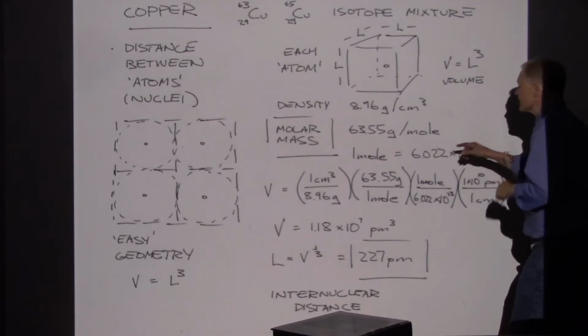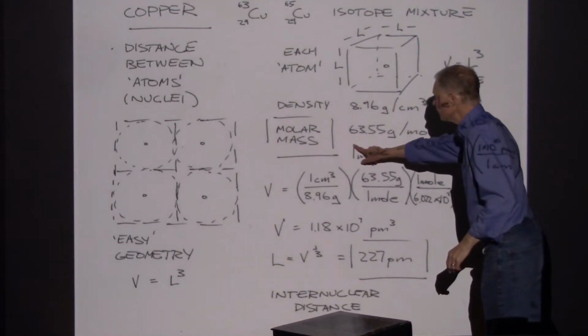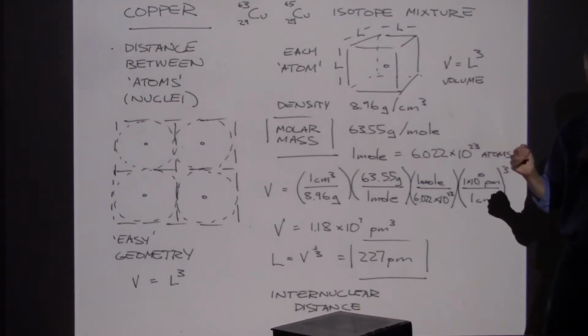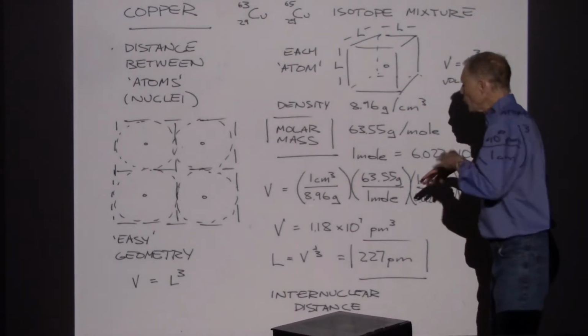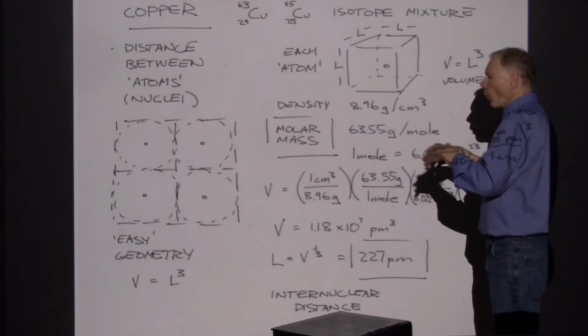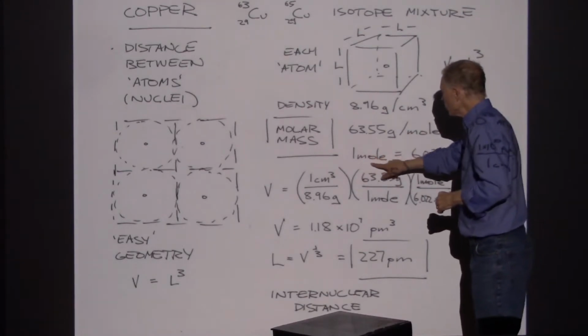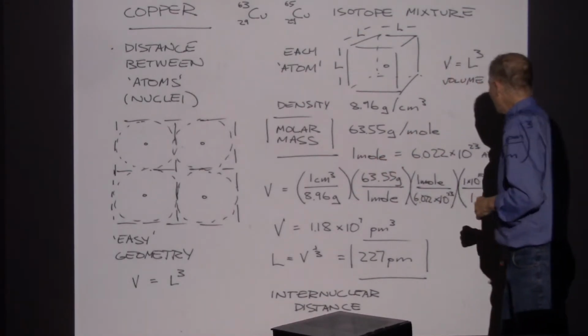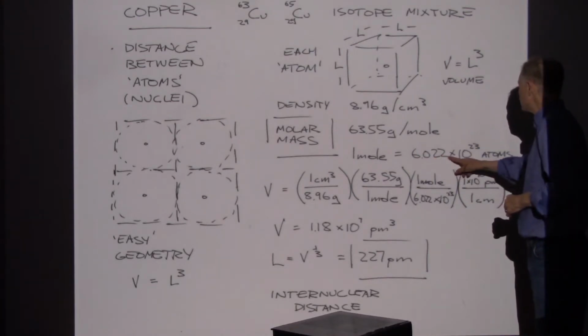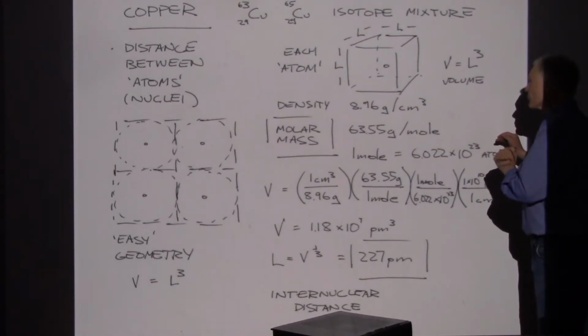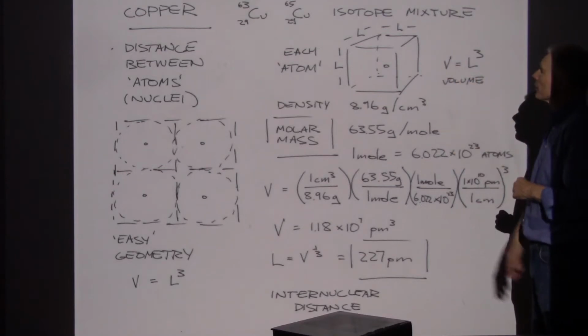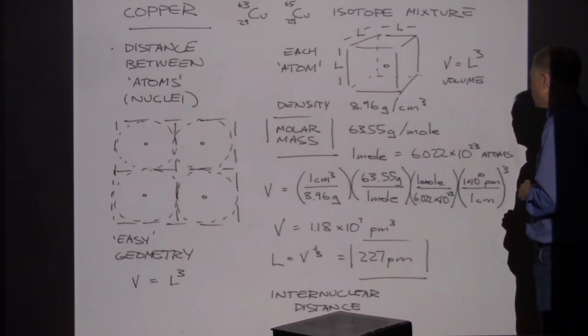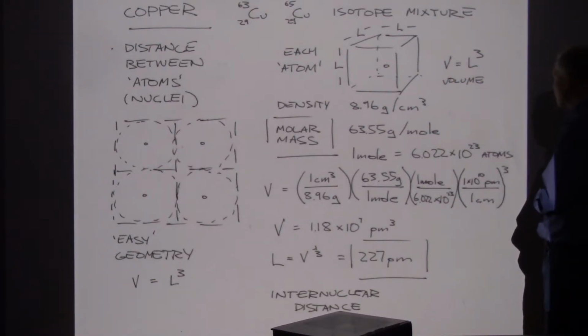So we just designate that for macroscopic samples of something, one you could measure in the lab, we invent this number that we call 1 mole, 6.022 times 10 to the 23 atoms of copper. 80% are going to be that isotope and 20% the other, whatever that ratio is.